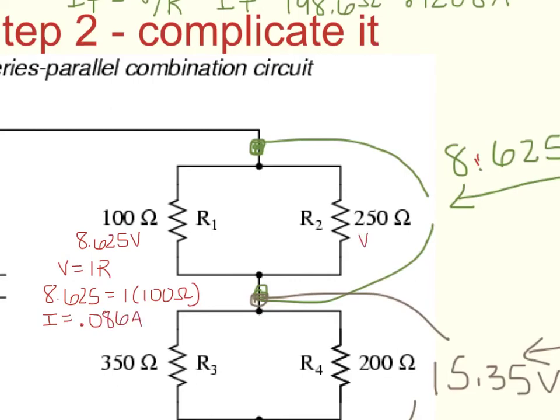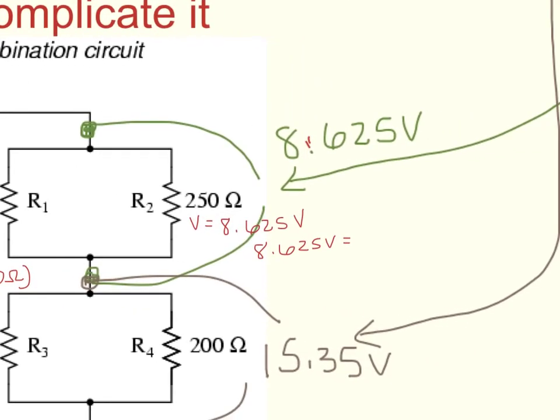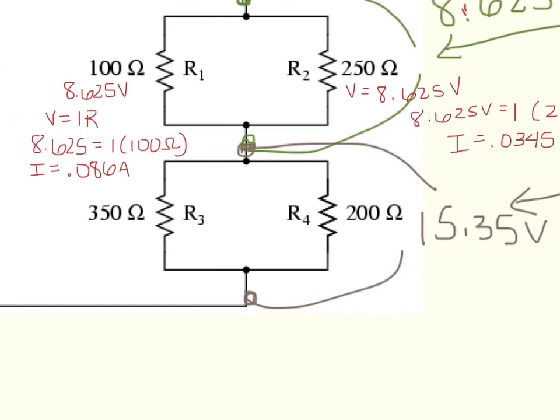Over here, the voltage equals 8.625 volts. 8.625 volts is going to equal the current times 250 ohms. I would solve that in this spot. My current would equal 0.0345 amps.